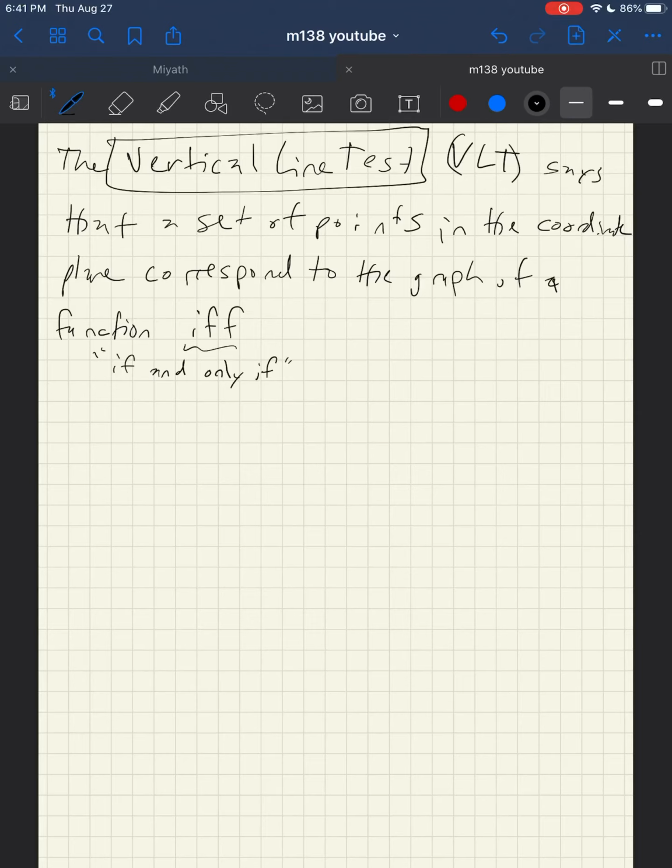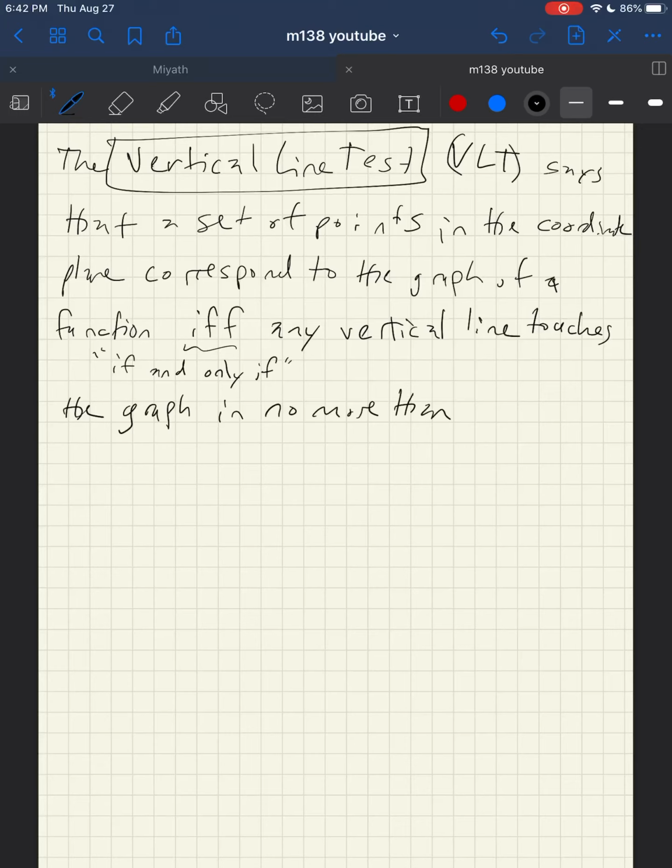It's a separate way of denoting things. We say IFF, and that's just shorthand for if and only if. So if and only if any vertical line touches the graph in no more than one point.